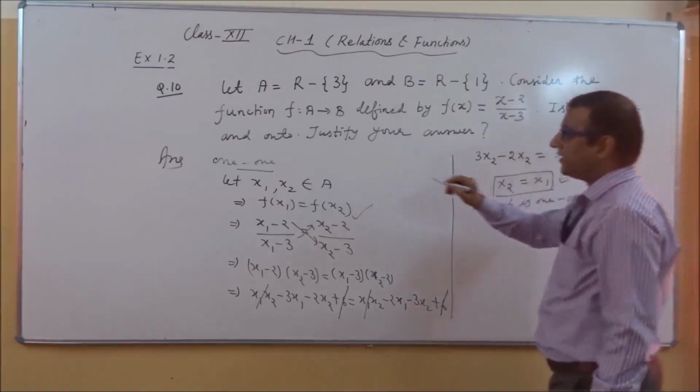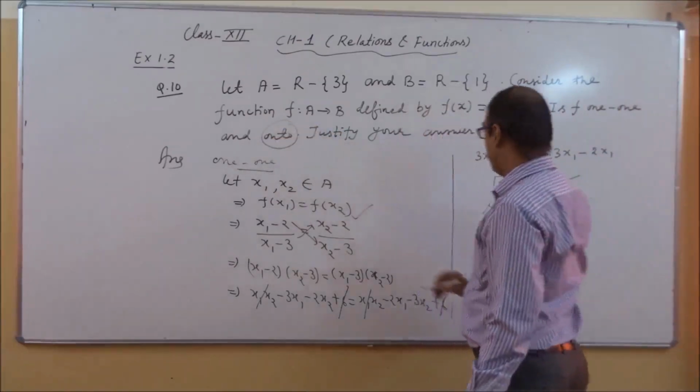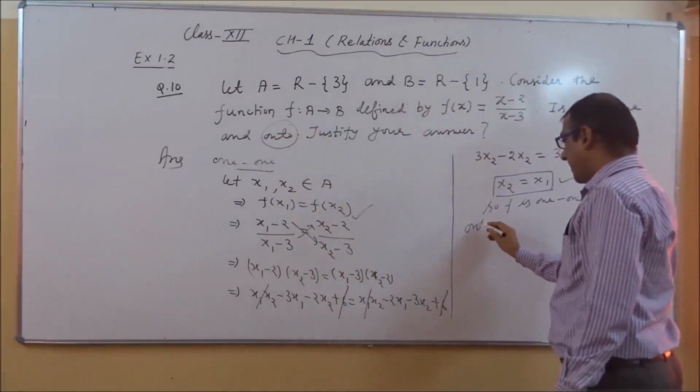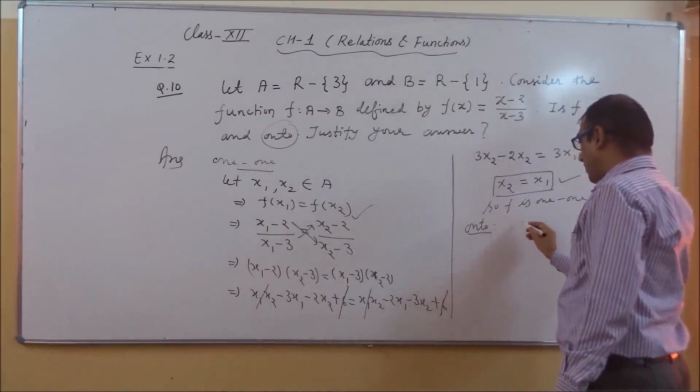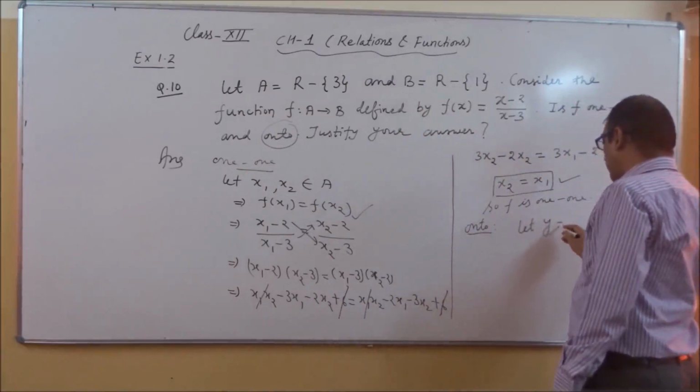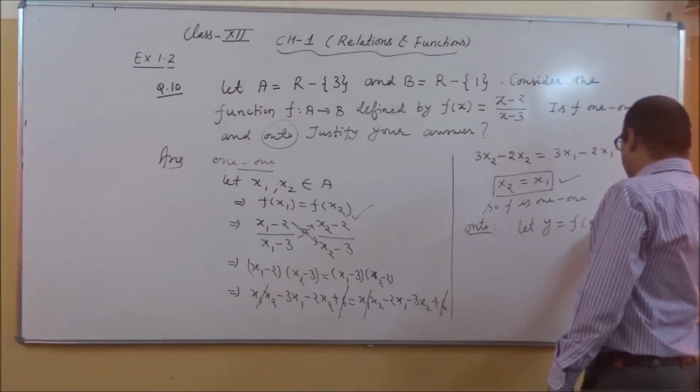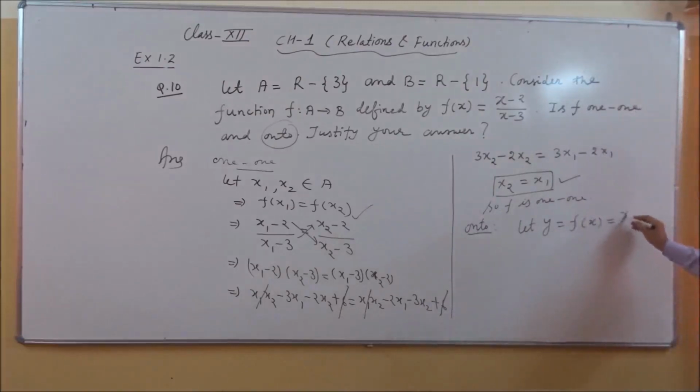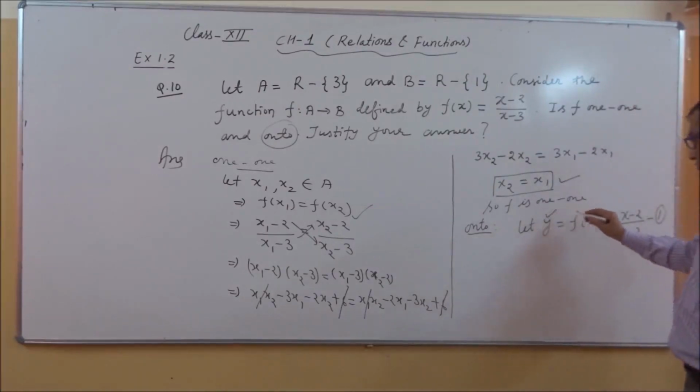Now we will continue with the next concept, that is onto. So how can we start? First we will write here onto. Let y = f(x), and this is equivalent to the given function (x - 2)/(x - 3), and we will indicate here this is equation number first. With the help of these two, first we will calculate the value of x.